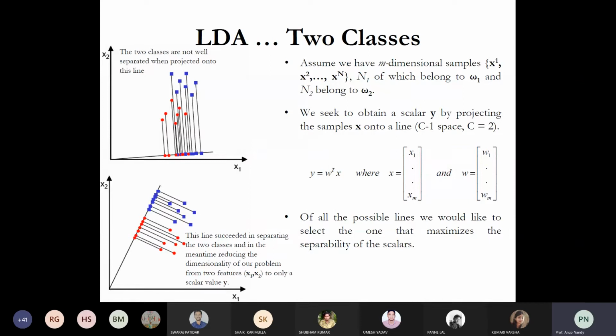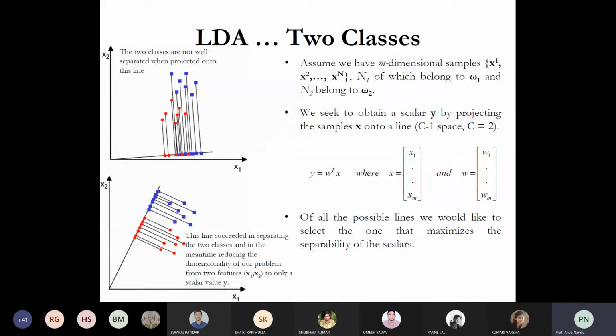The c minus 1 space, where c is equal to 2 here, so 2 minus 1 is 1, a single dimension. Now the transformation is y is equal to w transpose x, where x is x1 to xm.